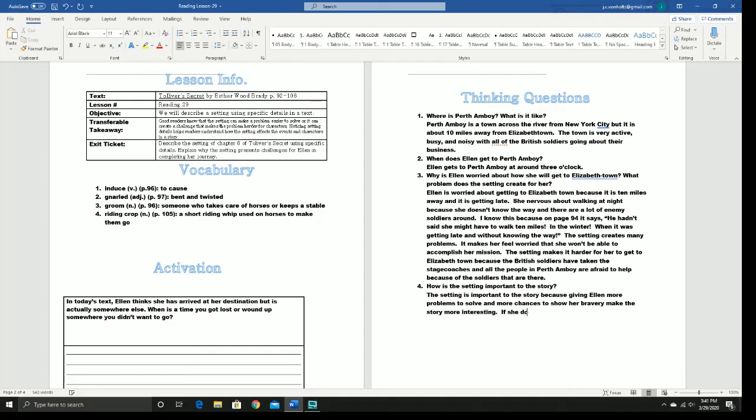If she didn't get lost, or if she didn't go to the wrong town, she wouldn't have had to make the decision to be brave and walk by herself. And we wouldn't have seen how dangerous and chaotic life was for people living at the time.